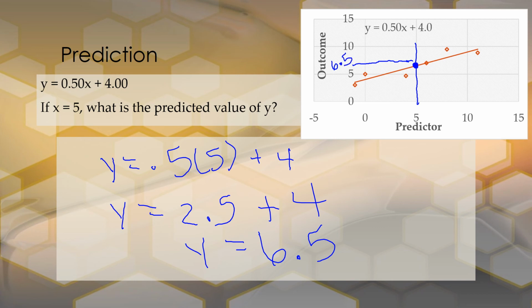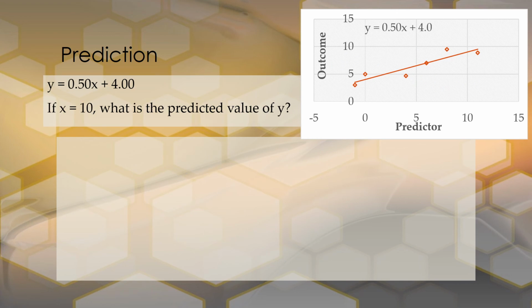So this dot here is at 5 and 6.5, if you put that in coordinates. Okay, so that's just what it means about the predicted value. So it's where the y value would be on the line for the x value.